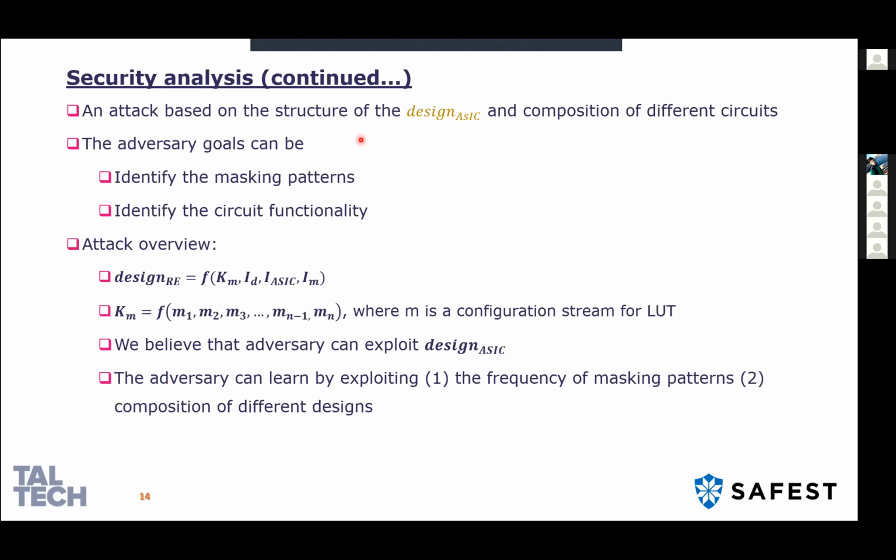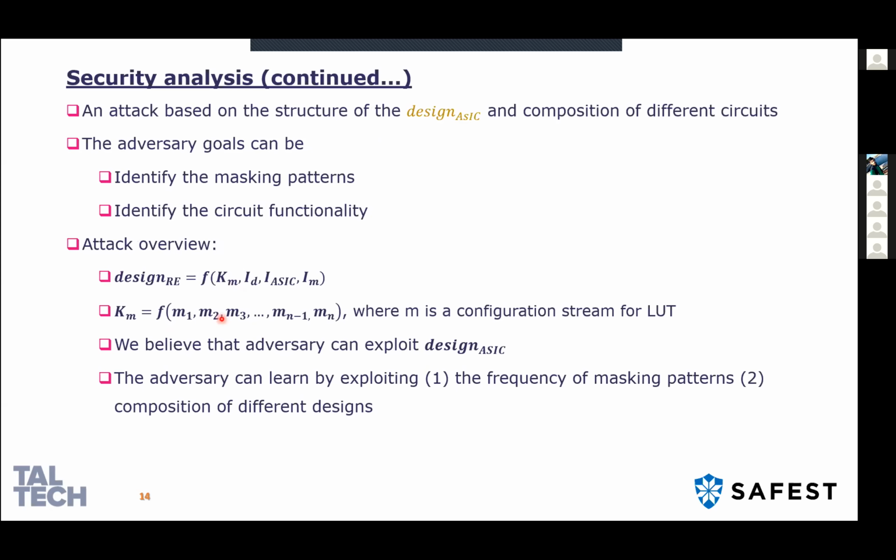So the overview of the attack: a reconfigurable design is a function of KM, where KM is the bitstream to program the reconfigurable part, and ID is the input for the design. IASIC is the input from the ASIC part to the reconfigurable part, and IM is the activation signal to activate the configuration mode.